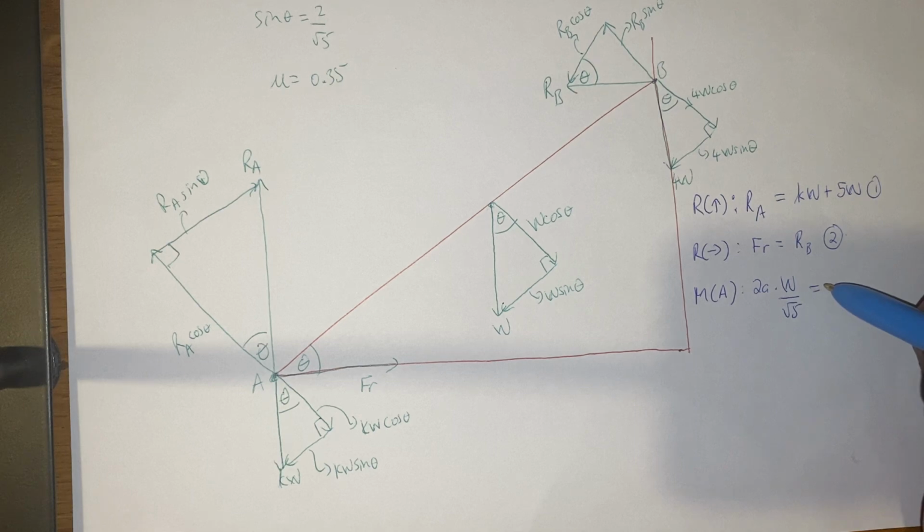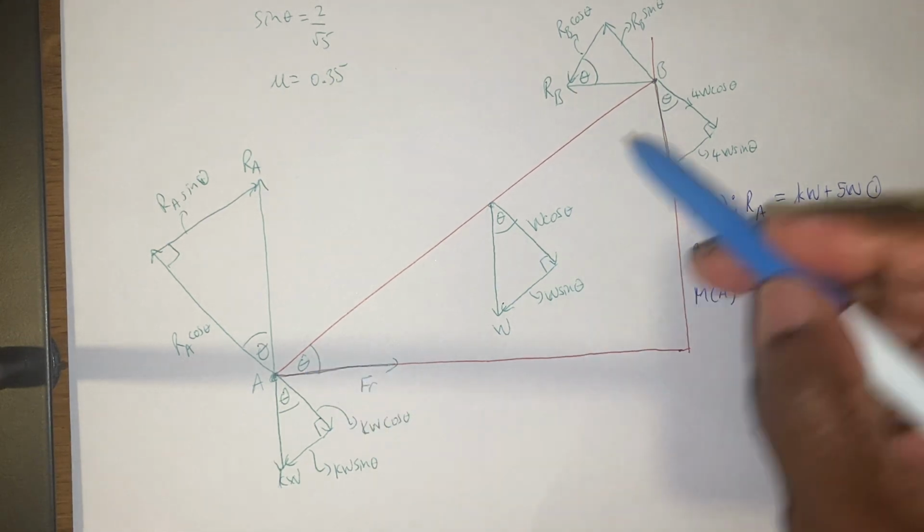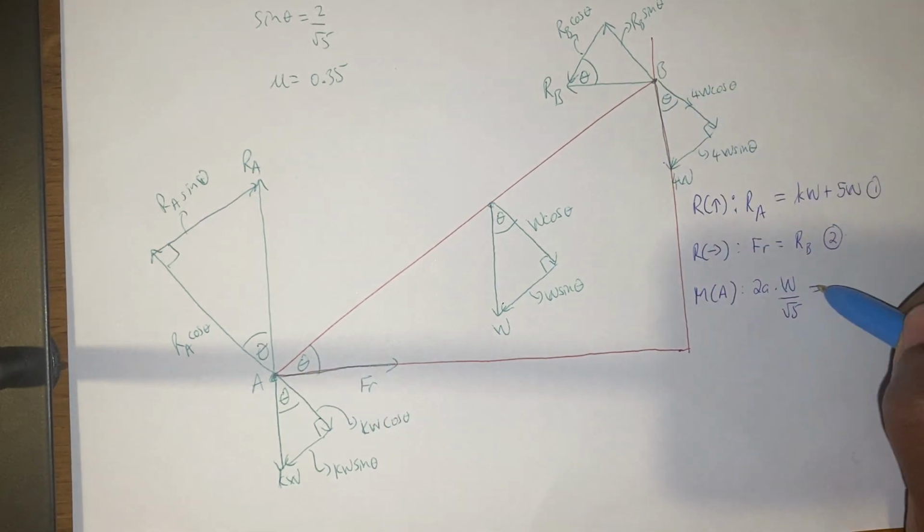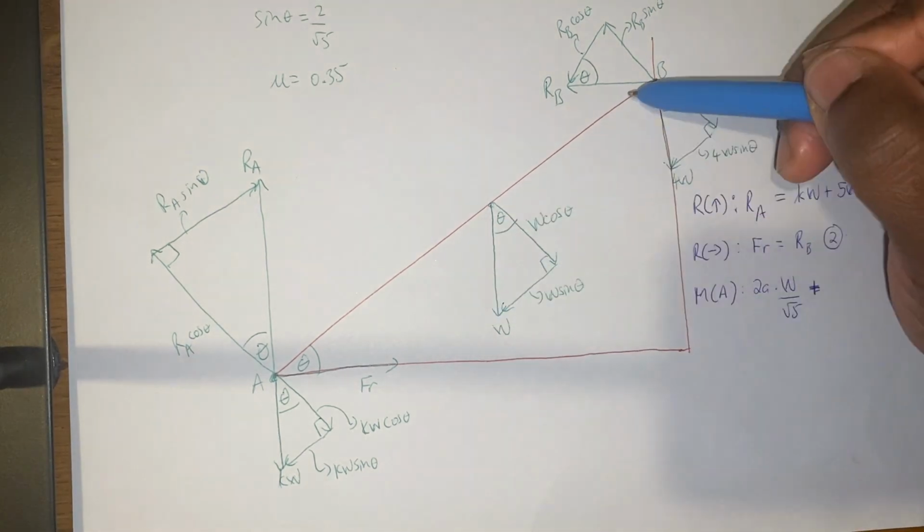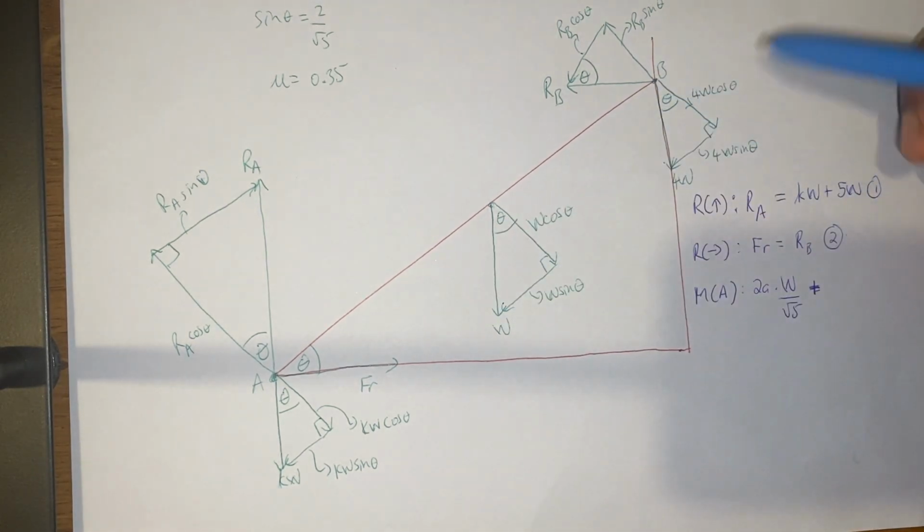Then that will be added to 4a times 4W cos theta, which is 1 over root 5.